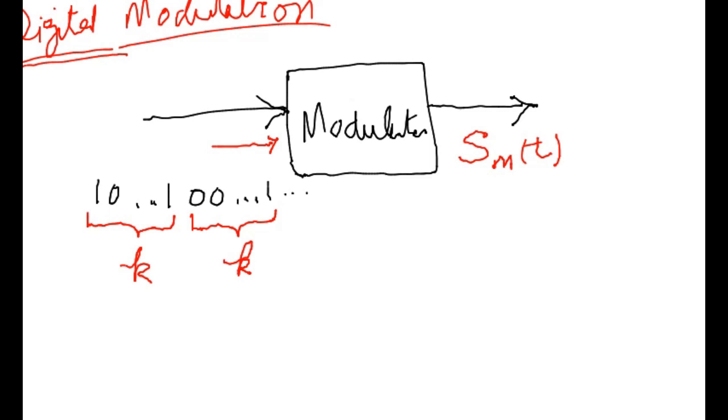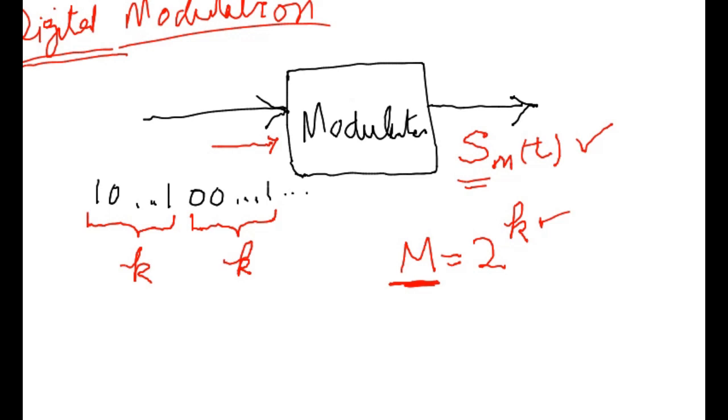If we have M unique symbols, M is of course 2 raised to the power k, and each symbol can carry k bits.